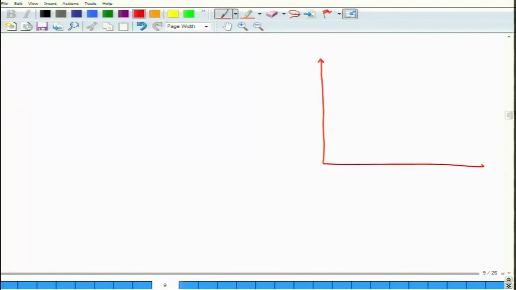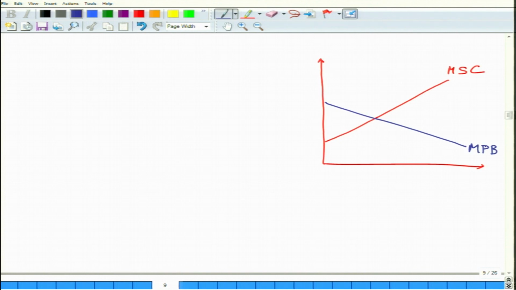So we had a social cost curve and then the social benefit curve. So we have a marginal social cost curve something like this, and then we can have a marginal private benefit curve, sorry.